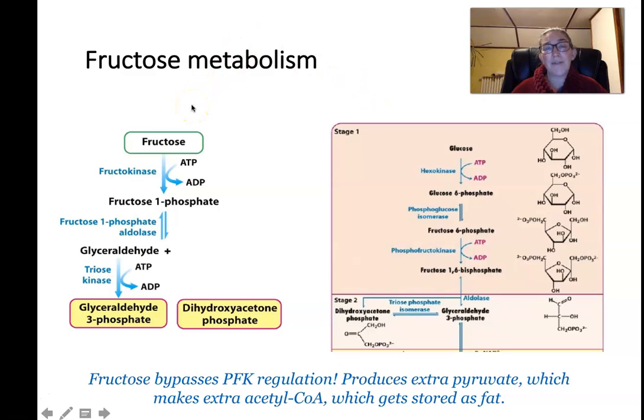So in both of these molecules, so here is the metabolism of fructose, the first few steps of fructose metabolism ultimately result in glyceraldehyde-3-phosphate, or G3P, and now I can't remember what the abbreviation is for dihydroxyacetone phosphate, DHAP.